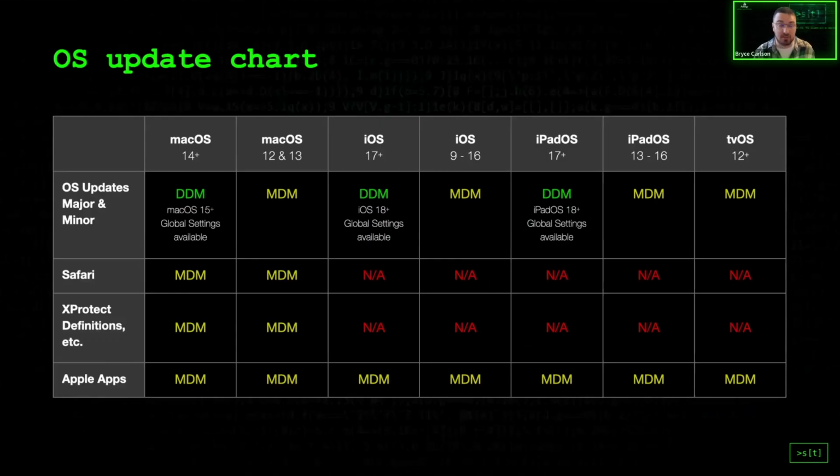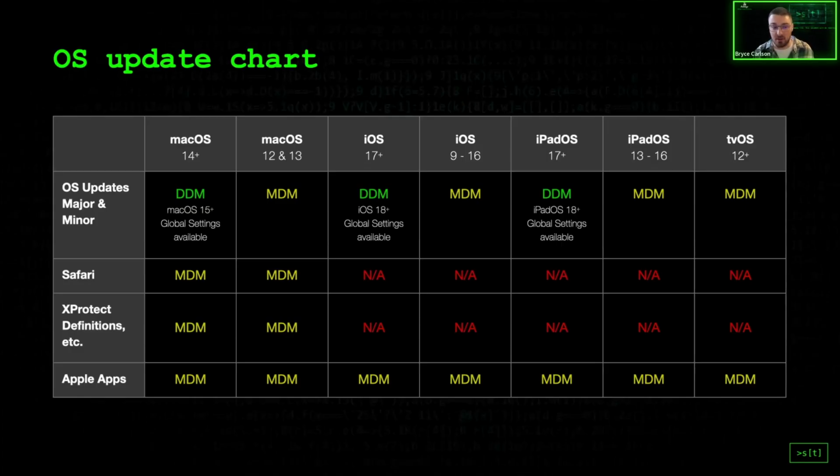Those are not bundled with the OS, as you may know, with macOS, whereas on iOS and iPadOS, Safari is part of that IPSW installer of the OS, or in the scenario of just doing an over-the-air upgrade, it's being bundled with that. XProtect definitions and other things, you remember the old combo updaters of security updates, all of those things would still be an MDM route.